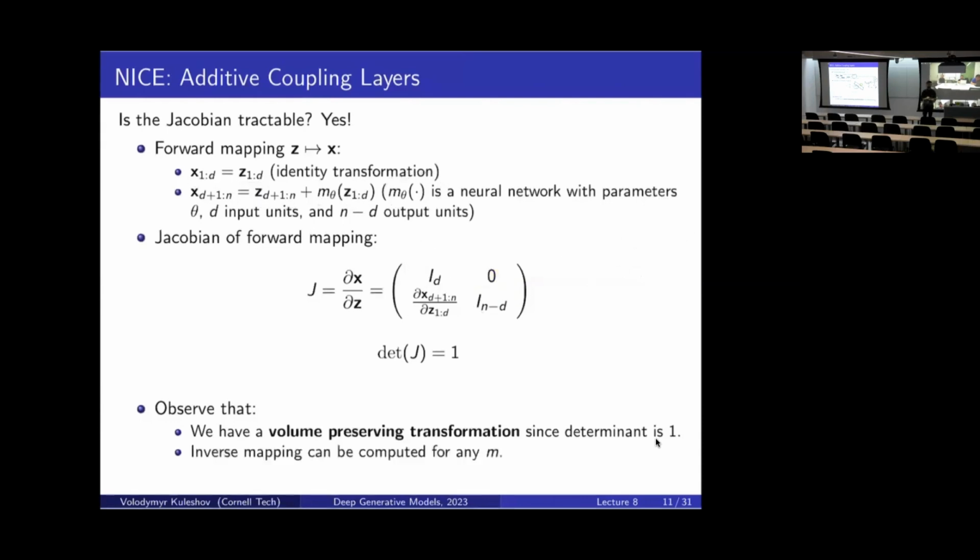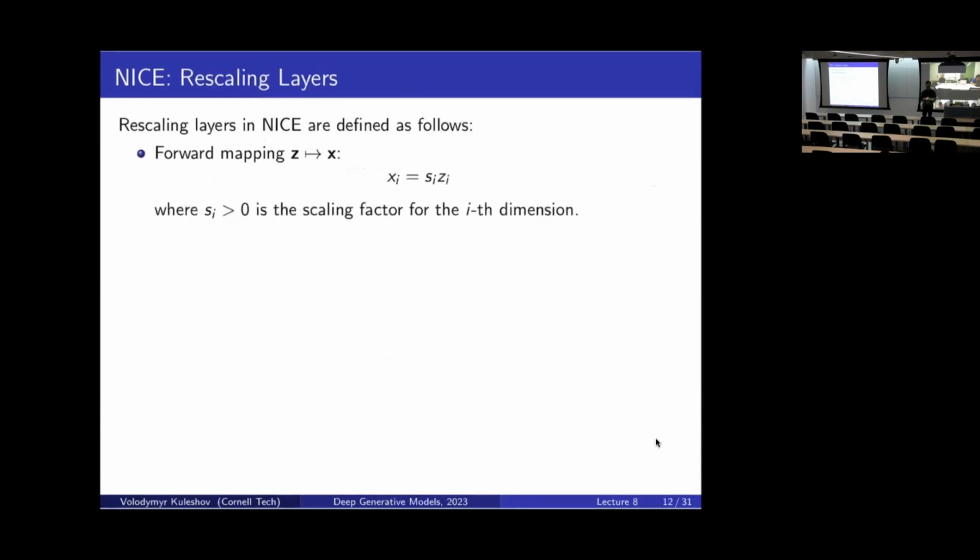Okay, this was an additive coupling layer. Again, I want to reemphasize that the inverse can be computed for any M. And now I just want to complete the full NICE model by mentioning the rescaling layer, which is much simpler.